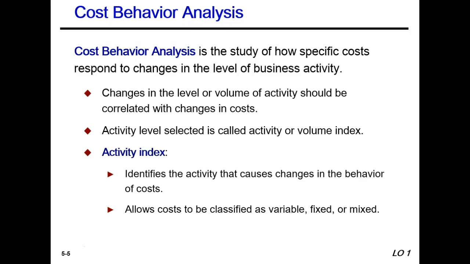Let's just take, for example, a hotel room. A hotel room, there are going to be certain items that are going to be fixed no matter what. At some level, the depreciation on the entire building is going to be fixed if hotel rooms are used or not, right? At some level, certain people in management are going to be fixed no matter what.